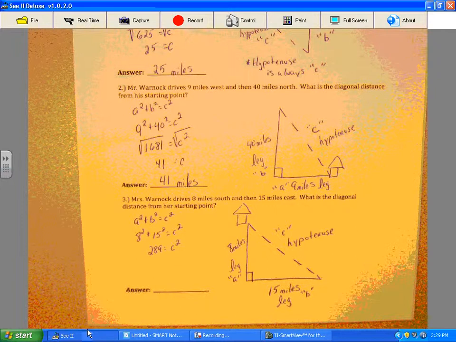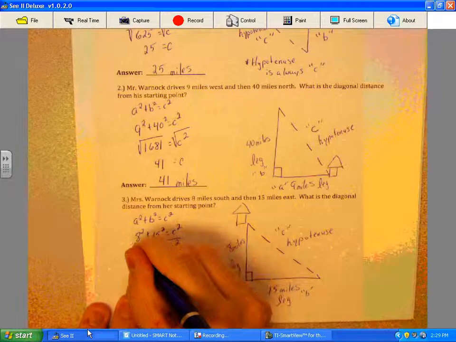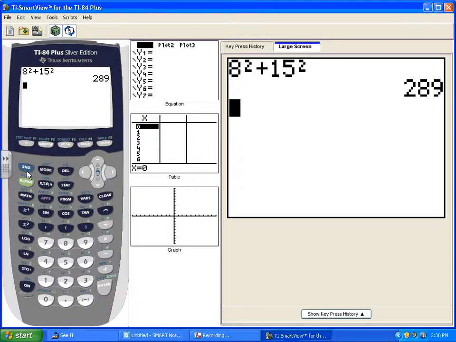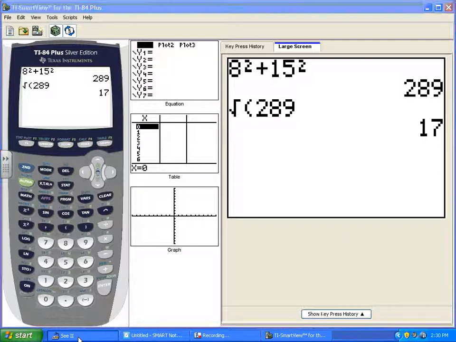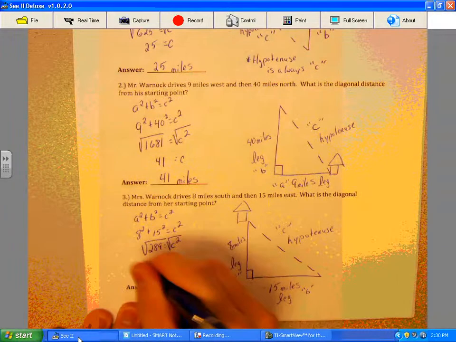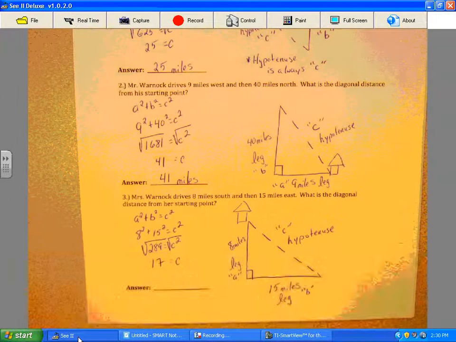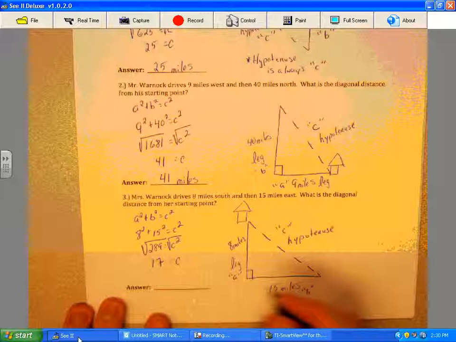And to just solve for c, we now have to take the square root. Going back to the calculator, we take the square root of 289. And we get c to equal 17. So the answer to the question, what is the diagonal distance from our starting point? That will be 17 miles.